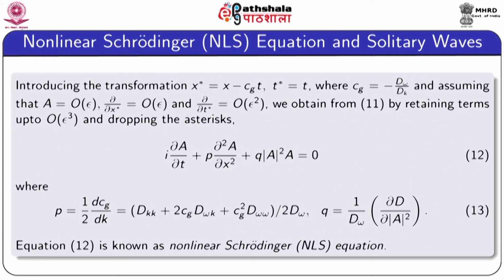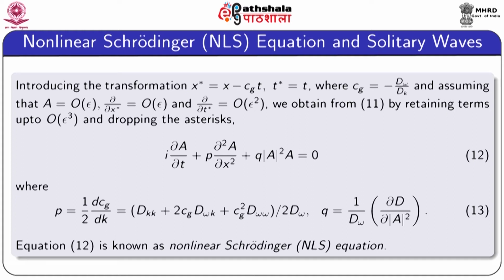Now, we introduce new variables x star and t star such that x star equals x minus Cg times t and t star equals t, where Cg equals minus d omega by dk, and we assume slow variation of the amplitude A, that means A is of order epsilon.